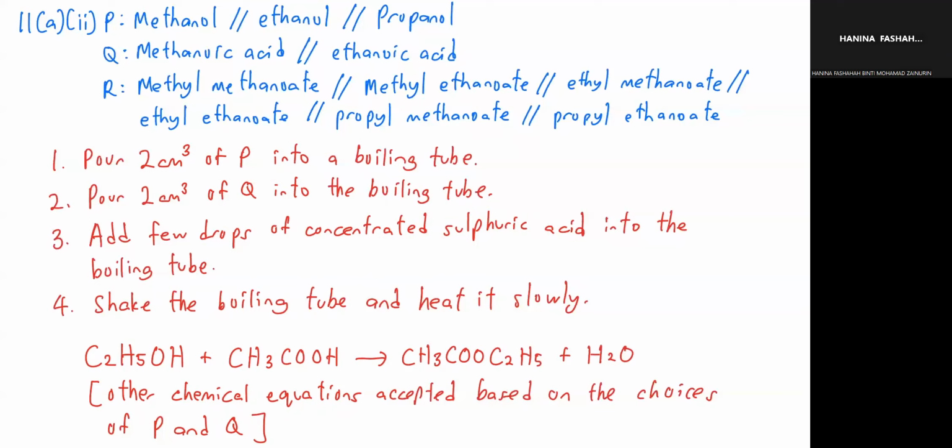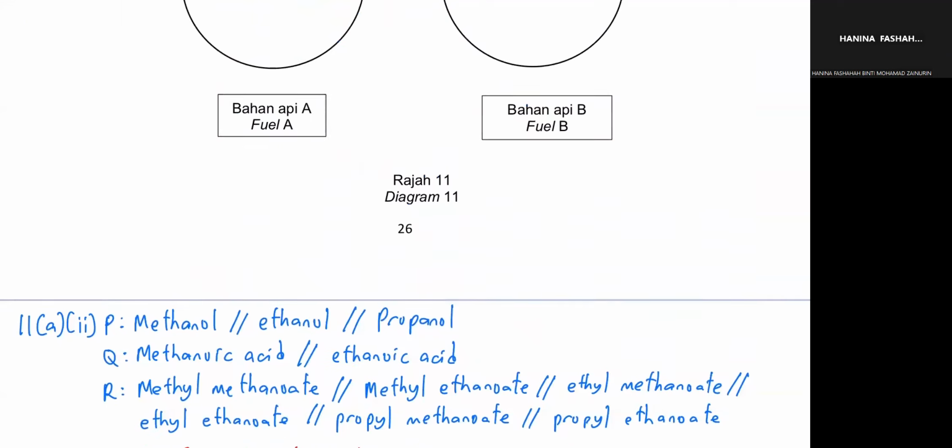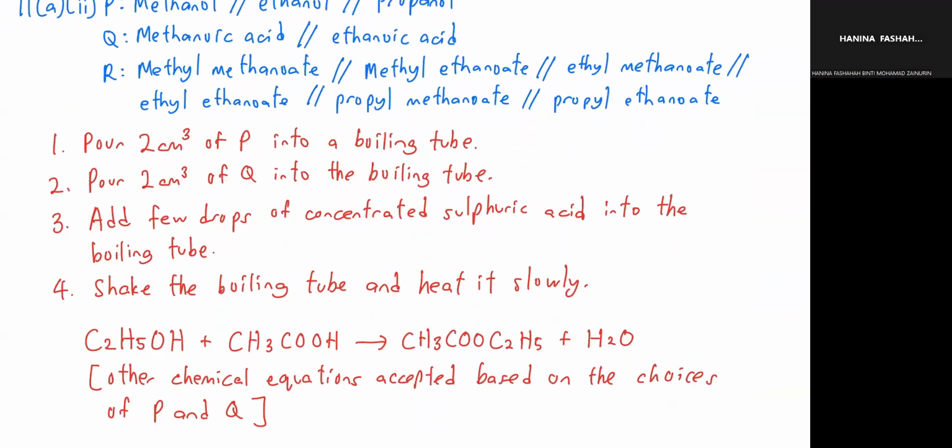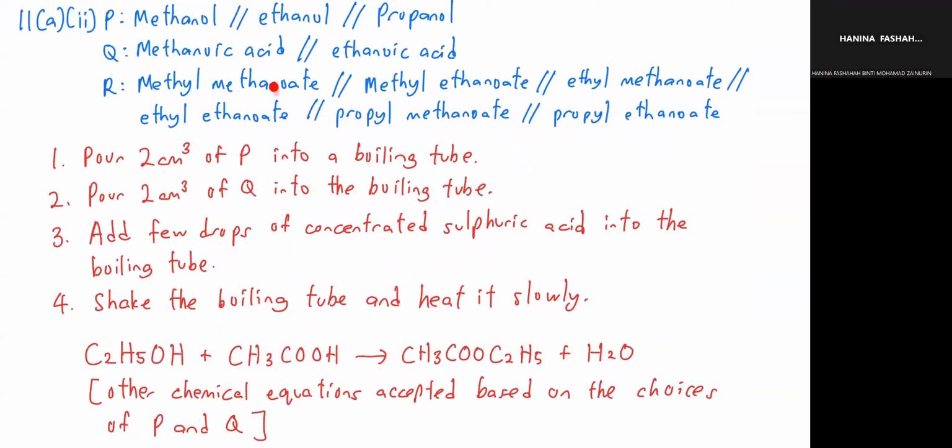Then you can check your answer. Chemical equation, they also ask, right. They include chemical equation. So total got 1, 2, 3, 4. How many marks here? 8 marks. So 8 marks means 1, 2, 3, 4. I mean here got 1, 2, 3 marks. Here got 3 marks. Here got 2 marks. Oh, here got 4.